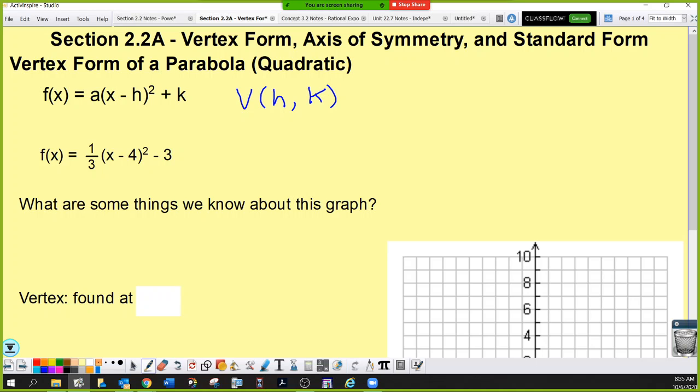And I mentioned this yesterday, but positive people smile. Look, an upwards parabola. And negative people frown. Aw, a downwards parabola. So when a is positive, it looks like this. But when a is negative, it looks like this.